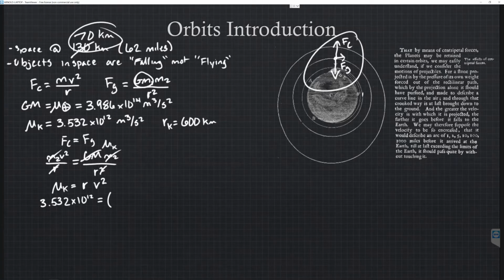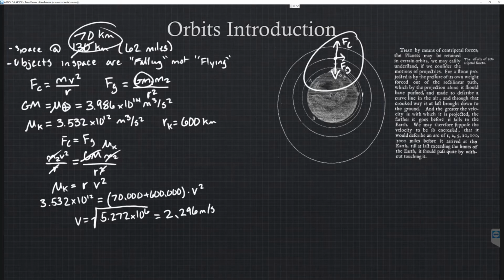So in this case, we will use 70,000 meters plus 600,000 meters times velocity squared, where v is equal to the square root of 5.272 times 10 to the 6th power, and that all simplifies to 2,296 meters per second.